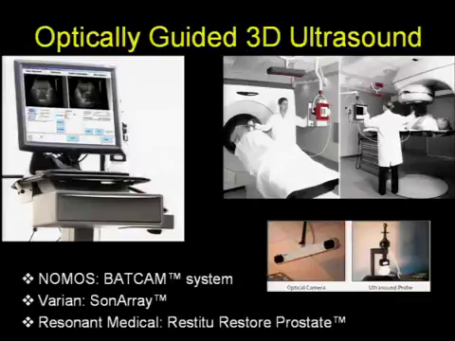So all 3 systems are variations on the theme, where you have an ultrasound probe that can be registered in space coordinates using infrared markers that are seen using infrared cameras located on the ceiling. So these are examples of the various commercial implementations.